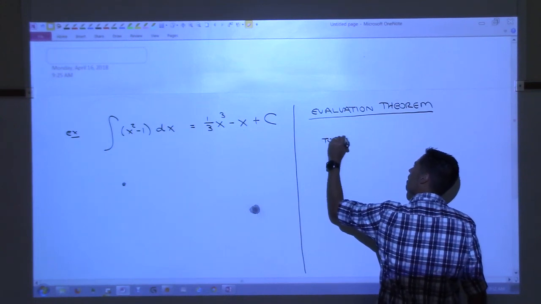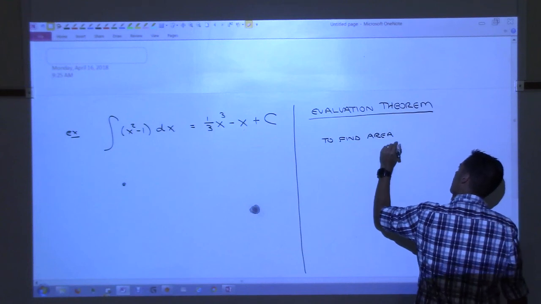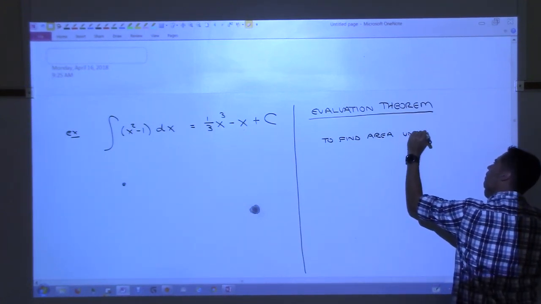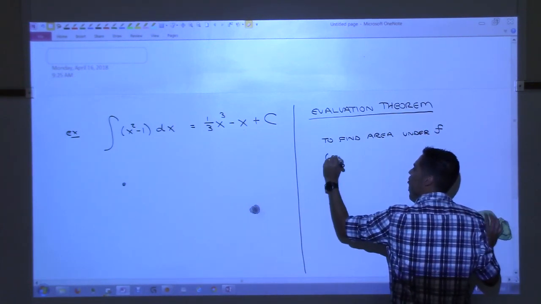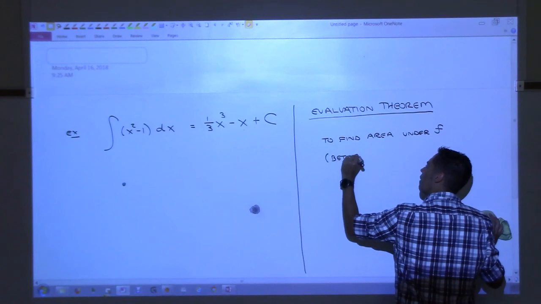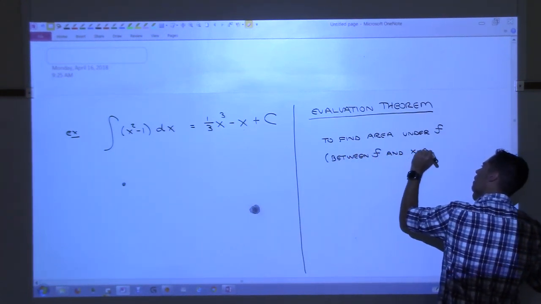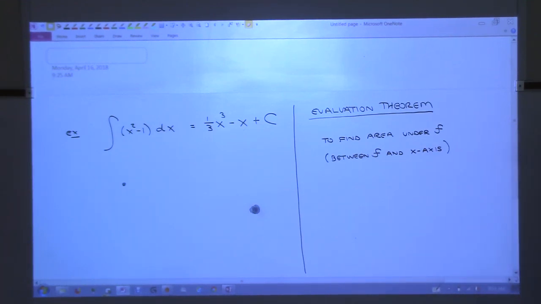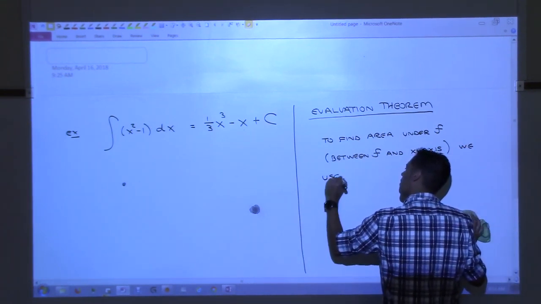To find the area under F, and I'm going to be clear on that, between F and the x-axis, we use the following.